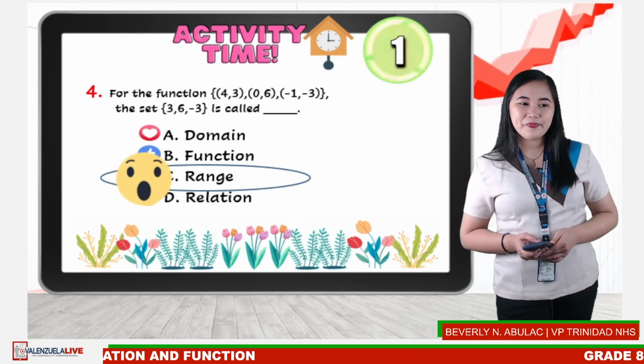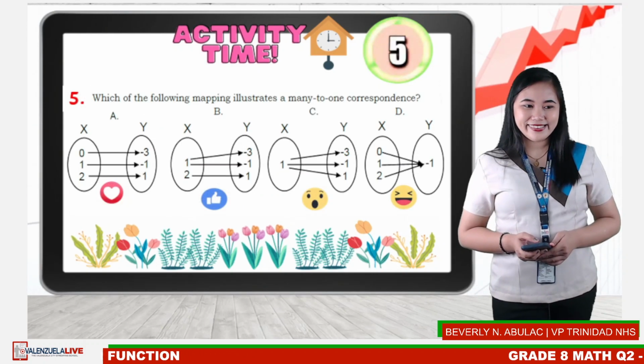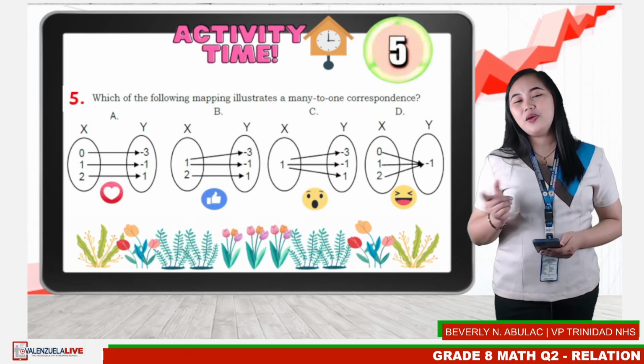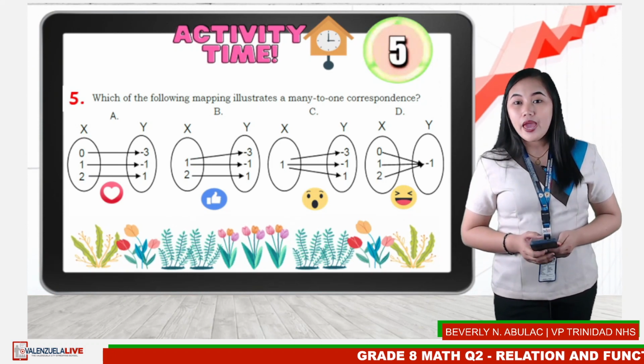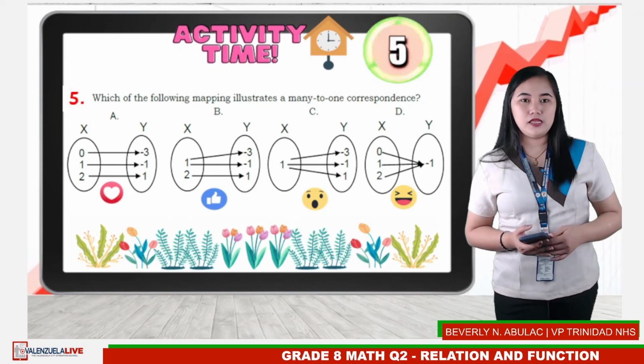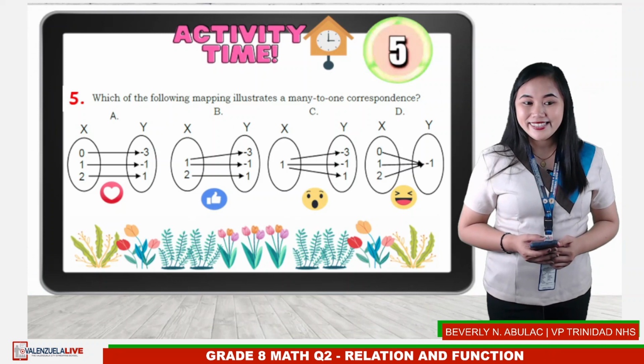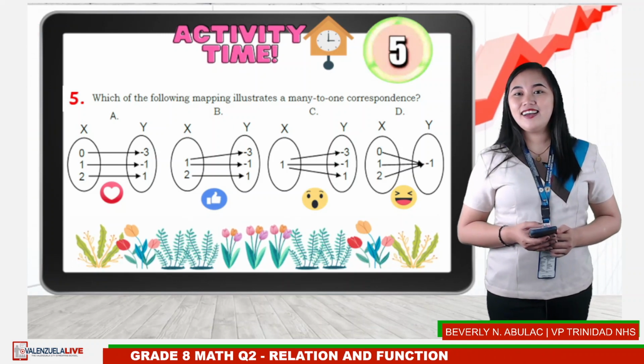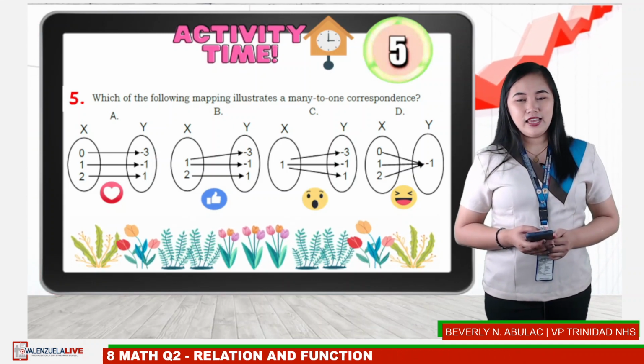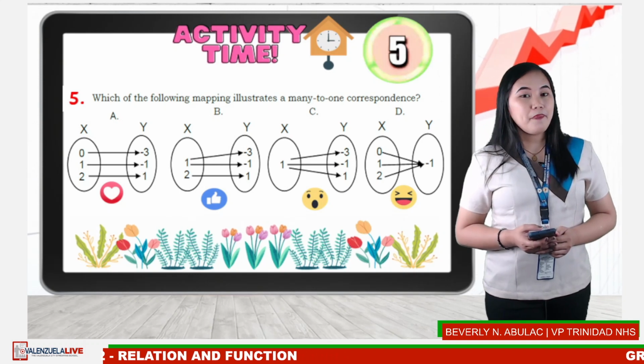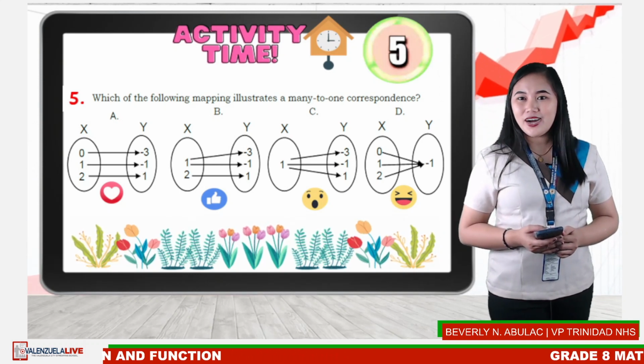Last item. Which of the following mapping illustrates a many-to-one correspondence? Is it A, B, C, or D? Again, take note. A mapping that illustrates a many-to-one correspondence.